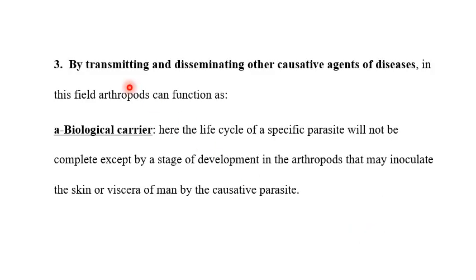Or by transmitting and disseminating other causative agents of disease. In this field, arthropods can function as biological carriers. Here, the life cycle of a specific parasite will not be complete except by a stage of development in the arthropod, which may inoculate the skin or viscera of man with the causative parasite.